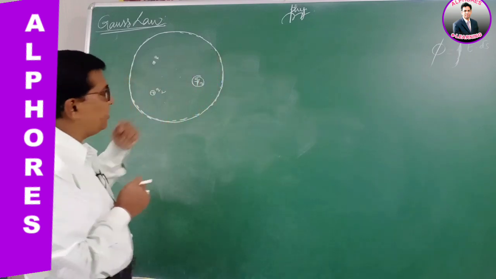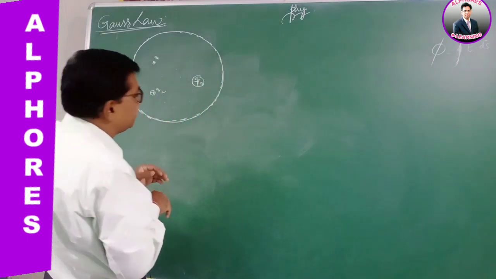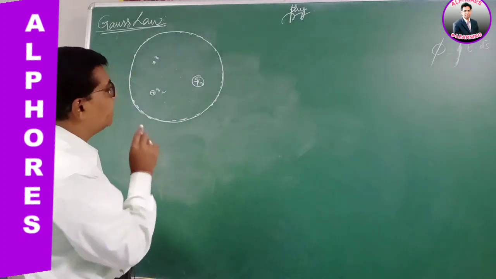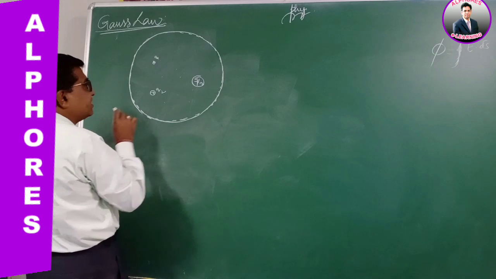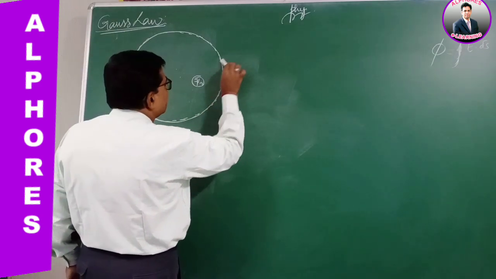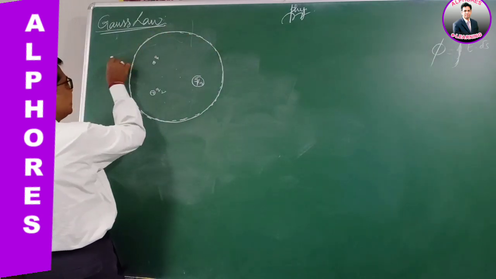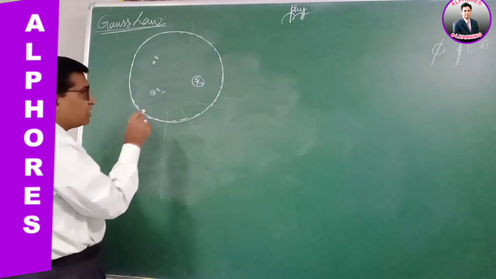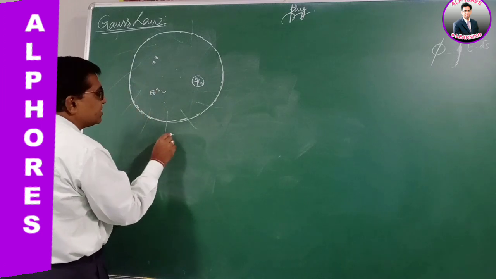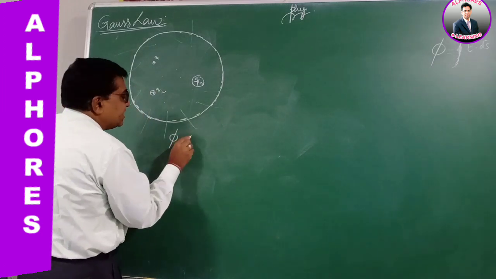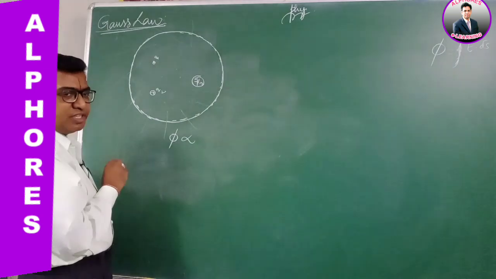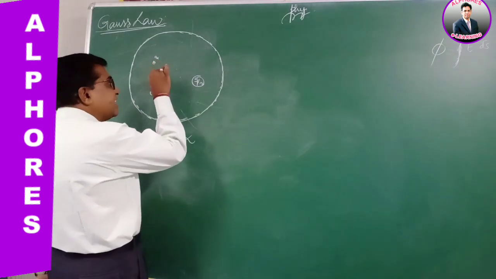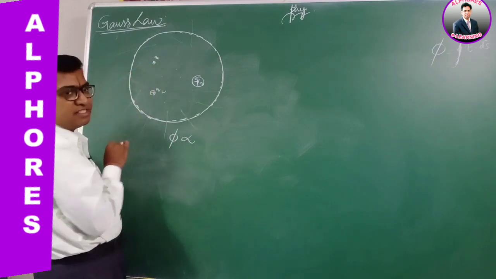To measure the flux, you can imagine any type of surface. Then Gauss law states that the net flux emerging from the Gaussian surface, phi, is directly proportional to the net charge present inside the Gaussian surface.